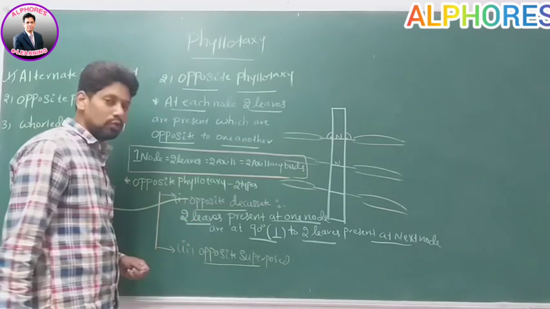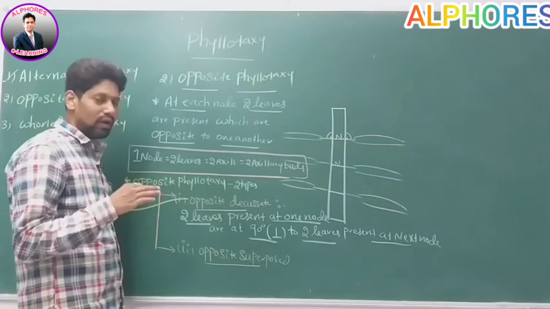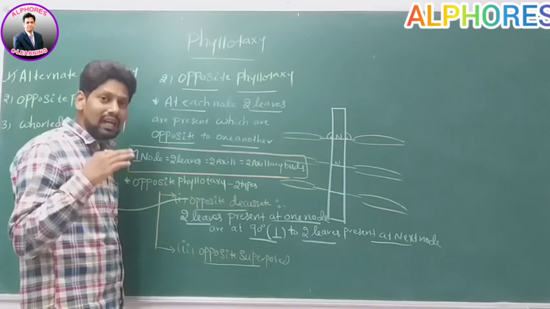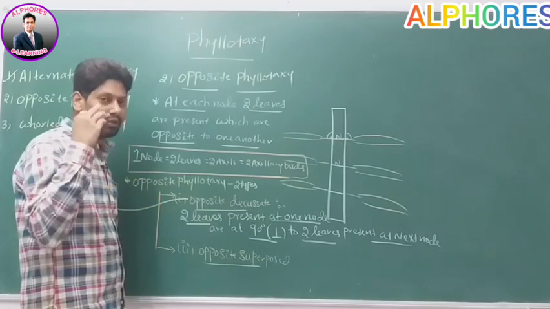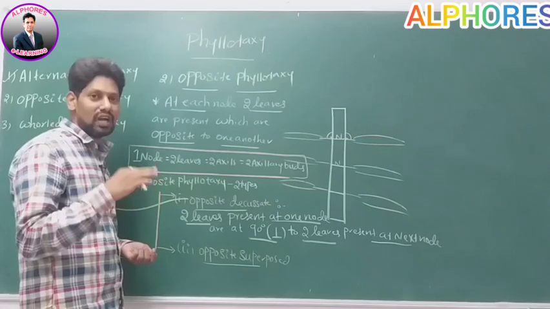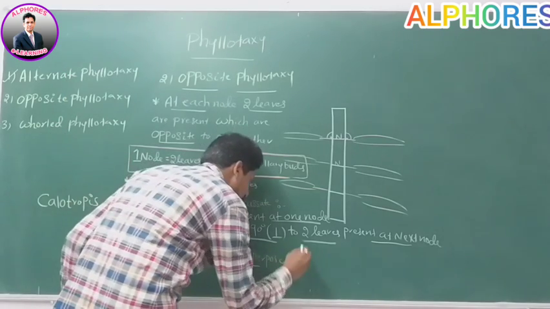So in opposite superposed, two leaves present at one node, two leaves present at one node, are arranged one above the other. Therefore, leaves are arranged one above the another.